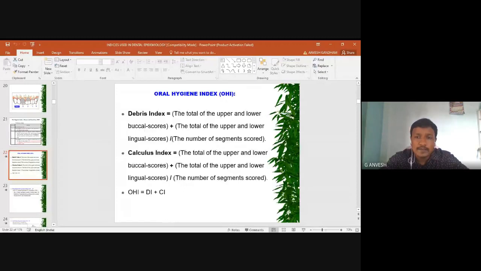Then finally we have to take an average and give the total score. The same will be followed for your calculus index. And finally, as I have advised, OHI is a combination of two things: one is debris index and the other is calculus index.